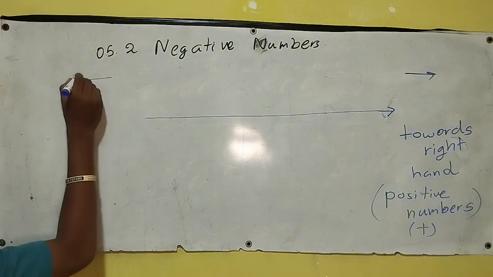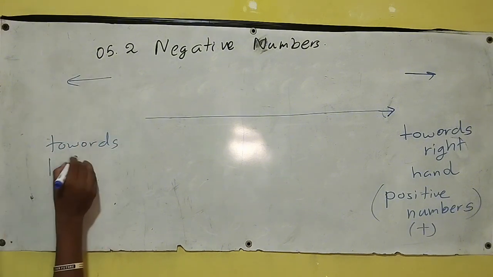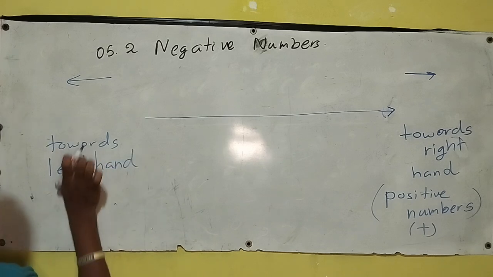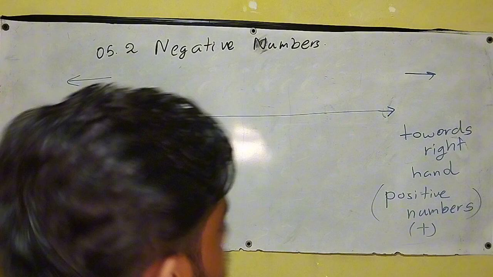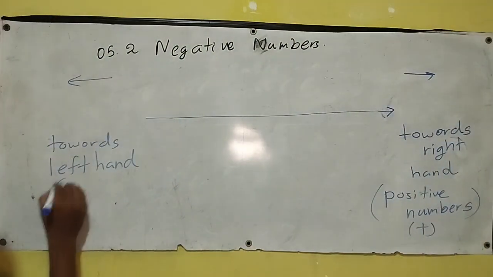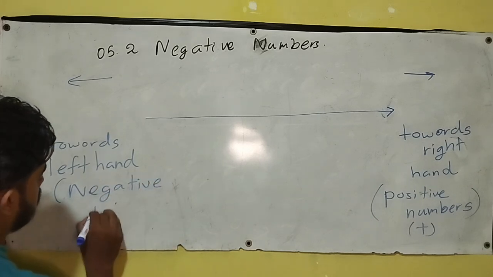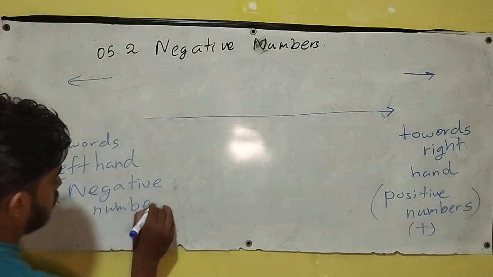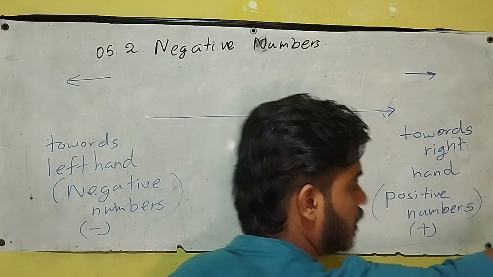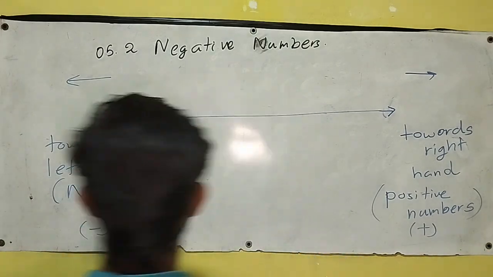Now towards left hand side, what? Negative numbers. This is the idea. Towards right hand side, positive. Towards left hand side, negative.